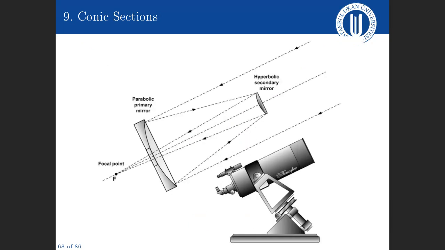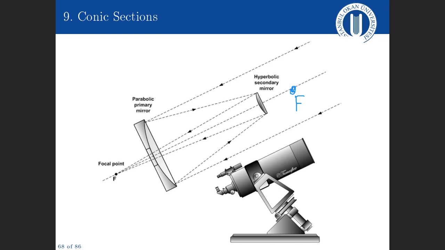Telescope manufacturers use these properties. This is a simple telescope which uses one parabolic mirror and one hyperbolic mirror. Now, the focus of the parabola is about here. And this is also one of the foci of the hyperbola. Light rays enter the telescope and they bounce off the parabolic mirror towards the focus of the parabola.